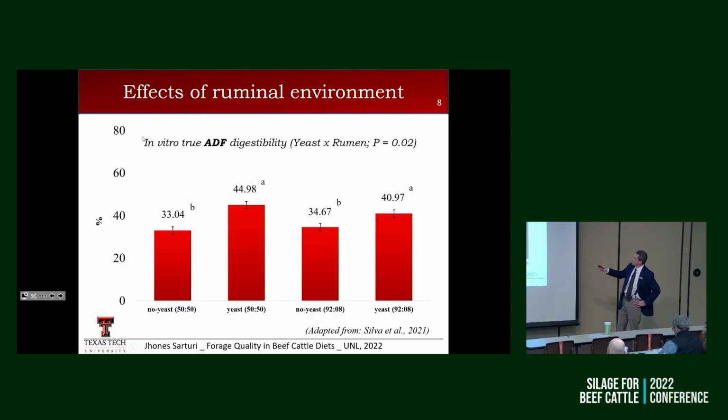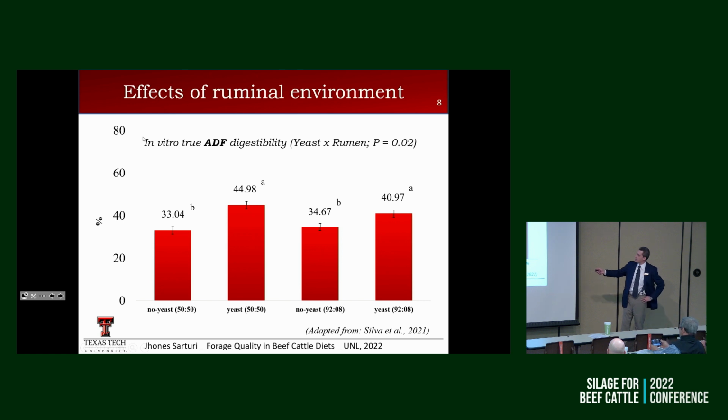So that's another one that we're trying to figure out. When is the best strategy, or the best moment, that we can improve that forage digestion, that NDF digestibility? We did a metabolism study, going back to the basics, with a 50-50 forage-concentrate type of ruminal environment and a 92-8 roughage-only one, using that as an inoculant and testing multiple substrates.